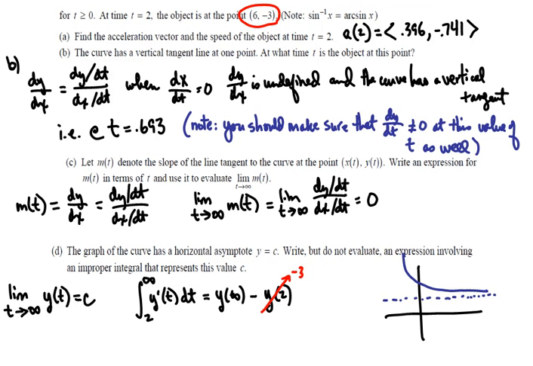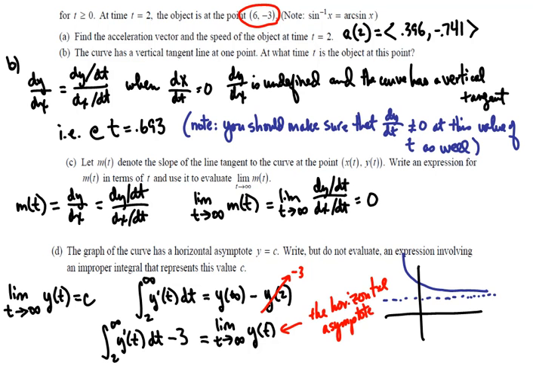Then by subtracting 3 from both sides, on the left side we would get the integral from 2 to infinity of y prime of t dt minus 3 is equal to this y of infinity, but we're going to give that its proper name, and that is the limit as t approaches infinity of y of t, which is the horizontal asymptote. And so that is equal to c.